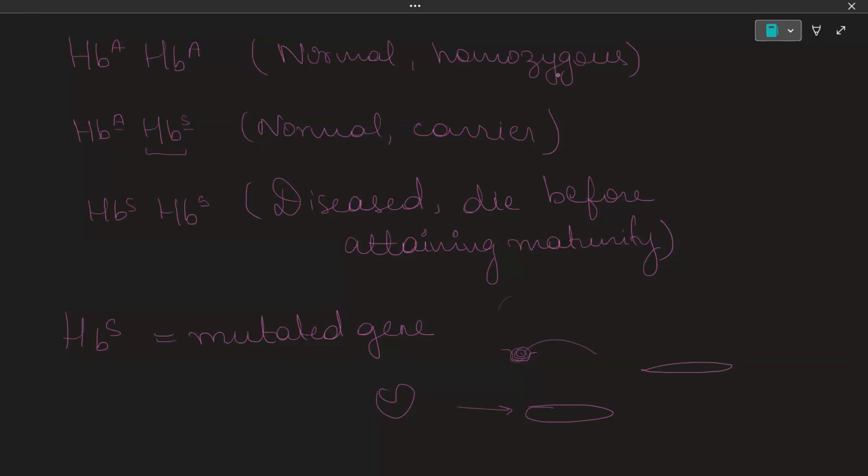So when the shape of the RBC changes, just like how the bowls that we have to serve people quickly change to a flat tray-like structure, then obviously we can't serve soup or something to the guest, right? Same way, when the shape of the RBC changes from the biconcave to the sickle cell like shape, okay, the elongated shape, then what happens? The oxygen carrying capacity reduces because the RBC is responsible for carrying oxygen.